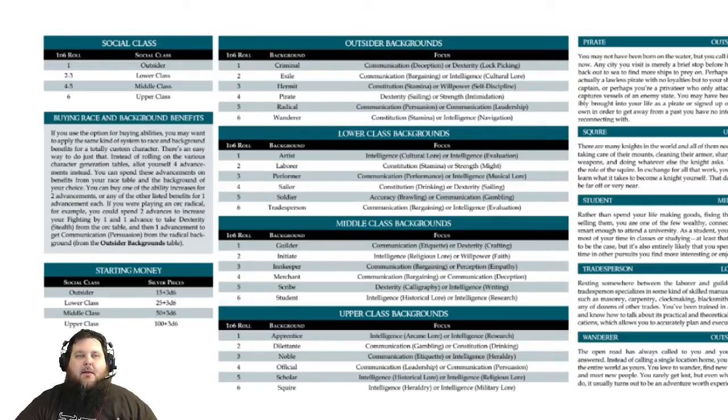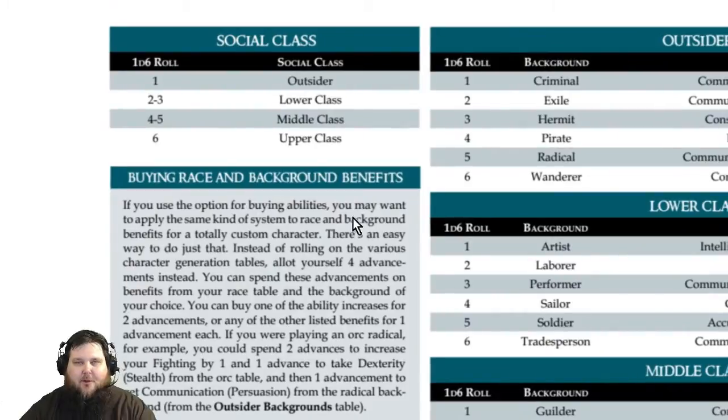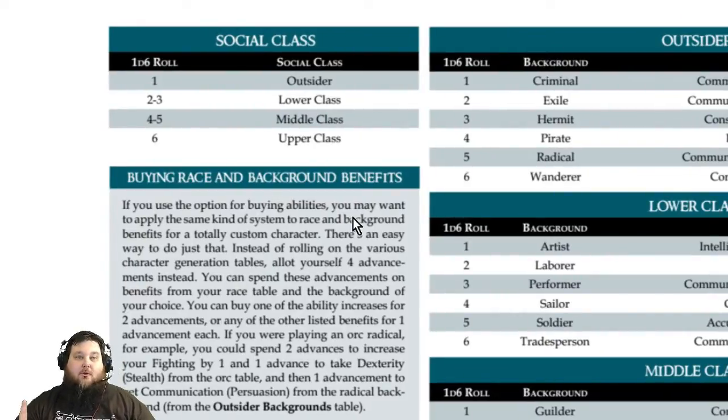So the first way that you get total customization of your character: if you love rolling random, or if your dungeon master or game master wants you to roll random, then here's a 1d6 chart. Now social class is basically one of four things. It's your status in society. Are you an outsider? Are you going to be lower, middle, or upper class?